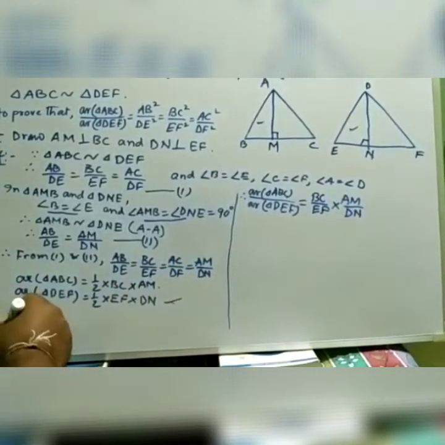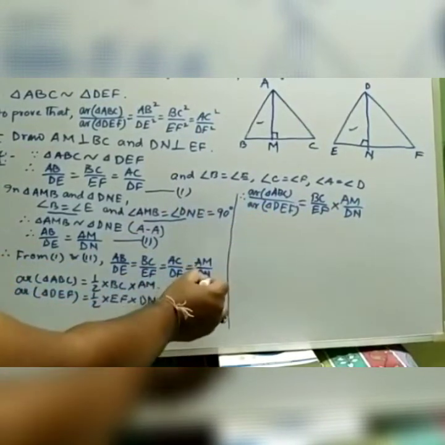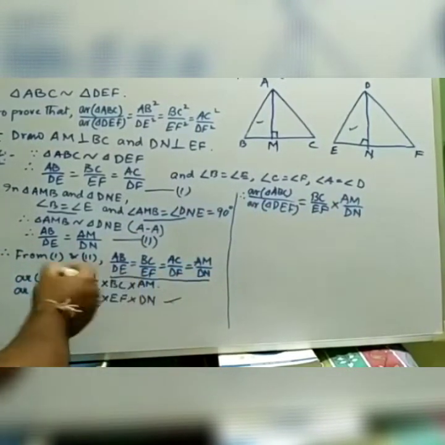Okay, and you can see that this AM by DN is equal with this 4.